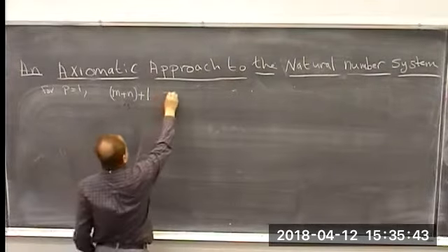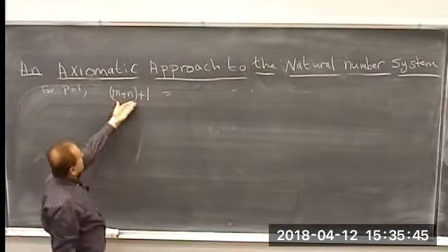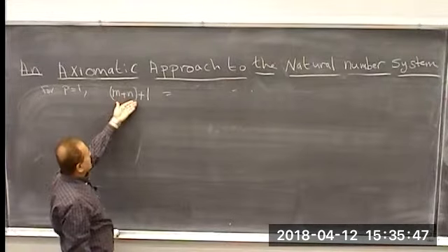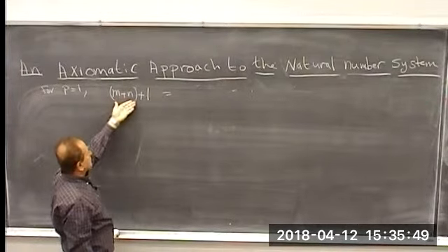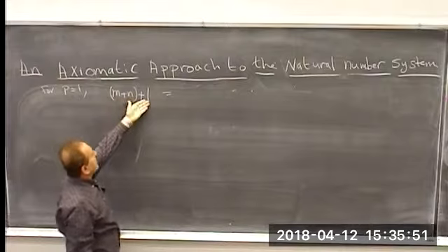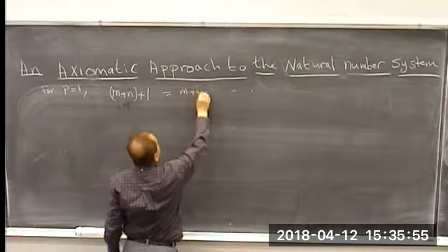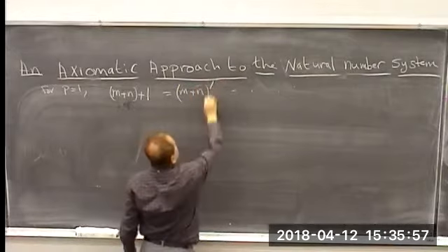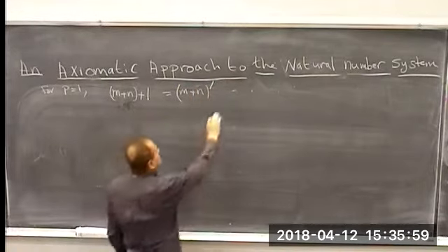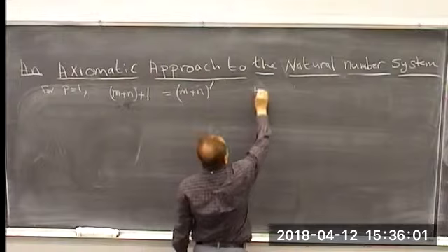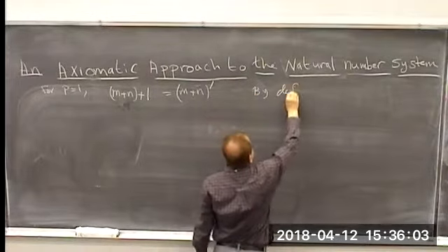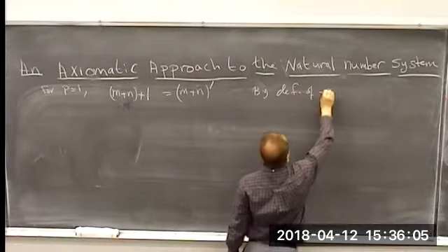Now, by definition of addition, remember that we know this is a natural number, plus 1. By the definition, this is the successor of M plus N. All right? So this is by definition of addition.